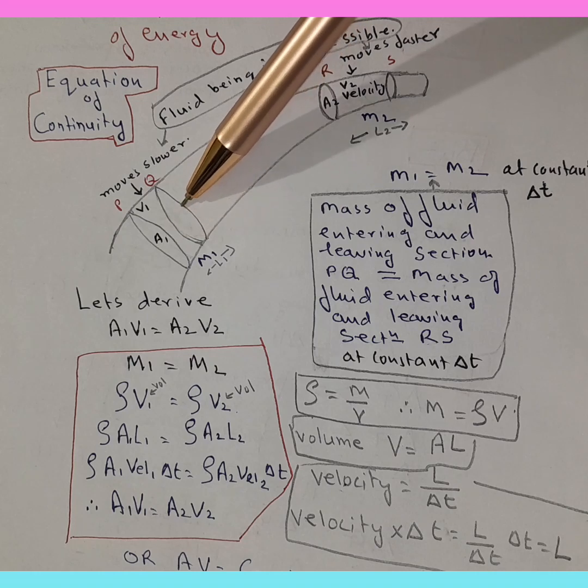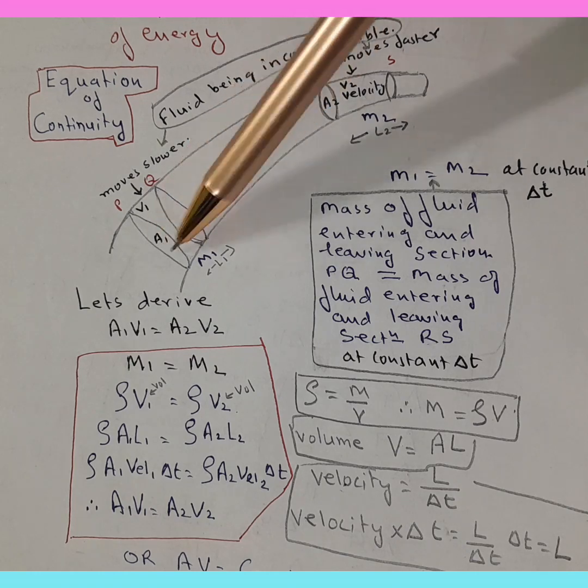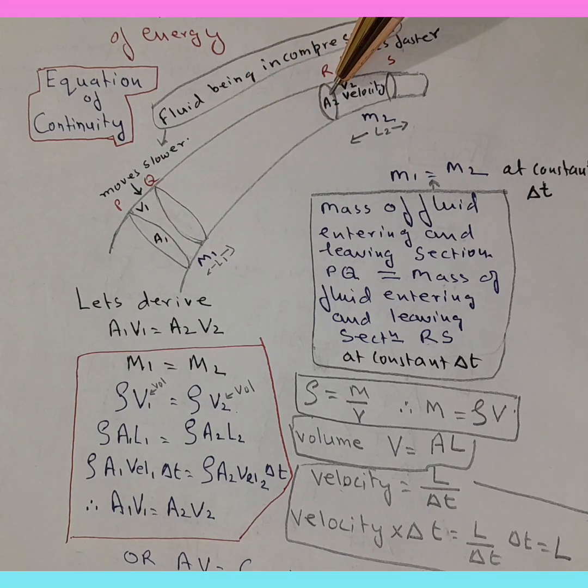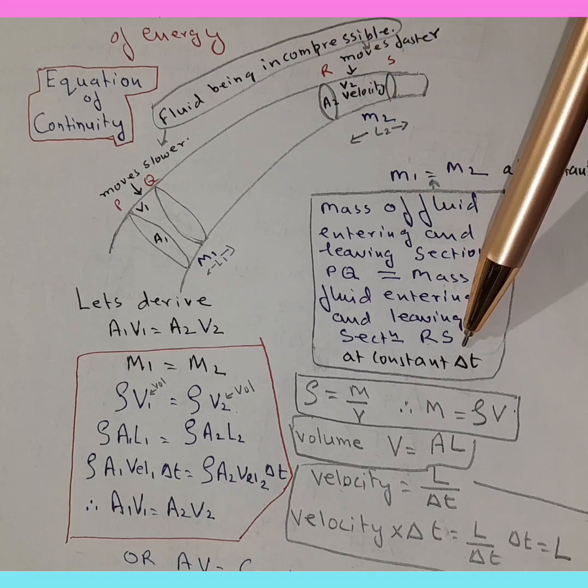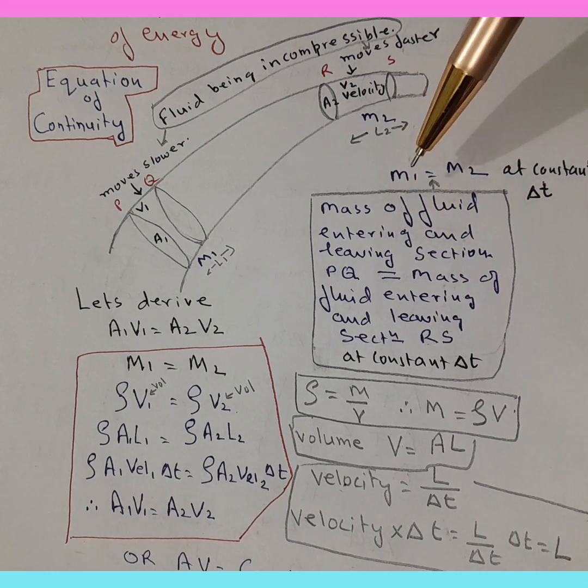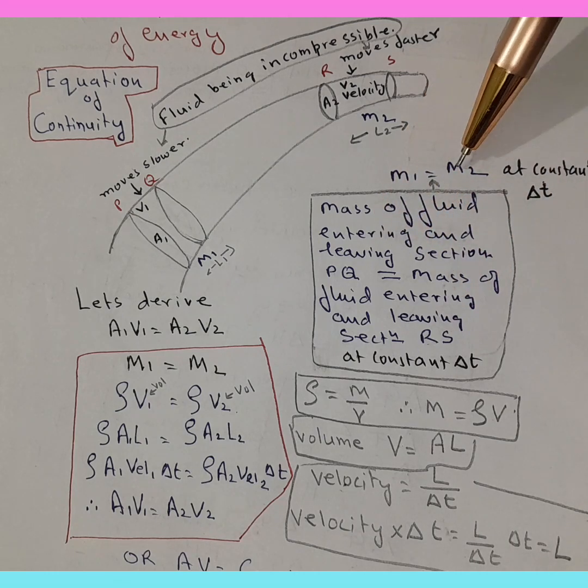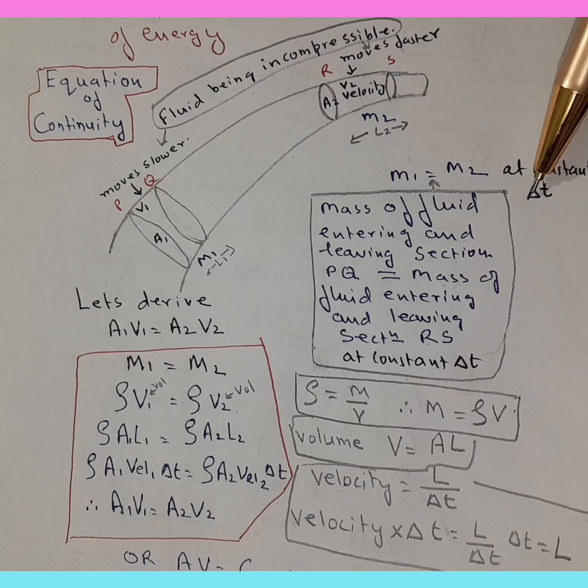So the mass of fluid coming out from this section would be equal to the mass of fluid coming out from here at a fixed interval delta T. So this one thing has to be clear. M1 is equal to M2 at constant delta T.